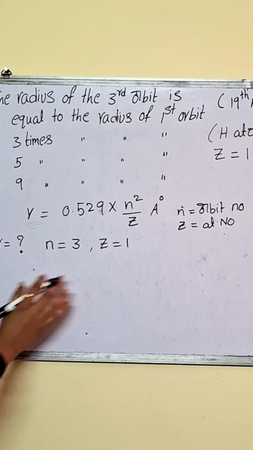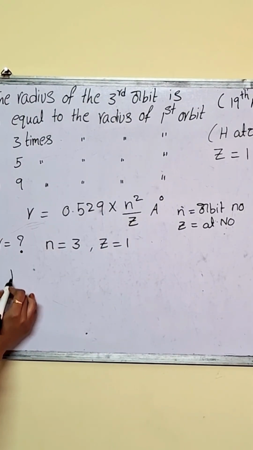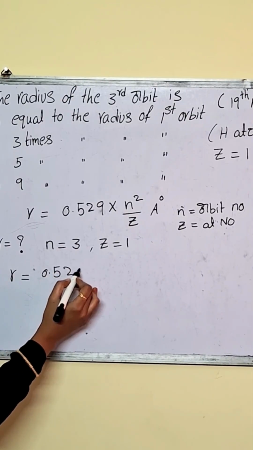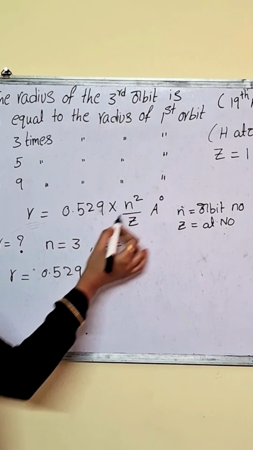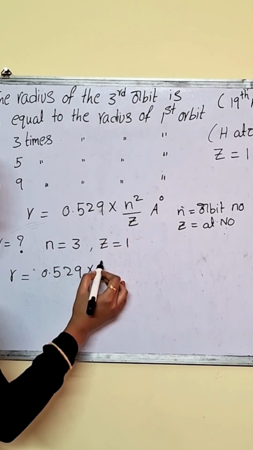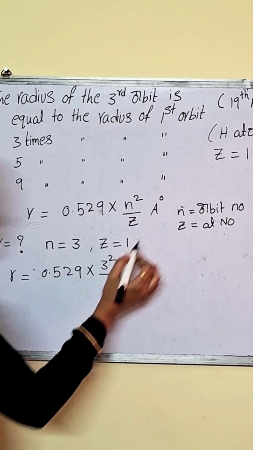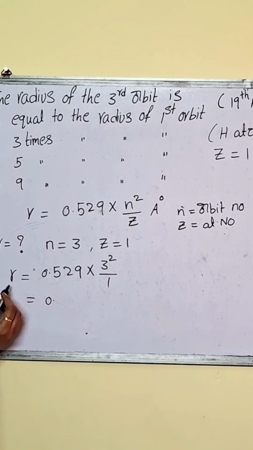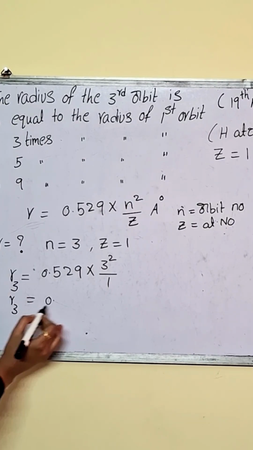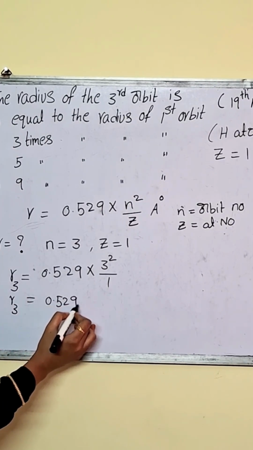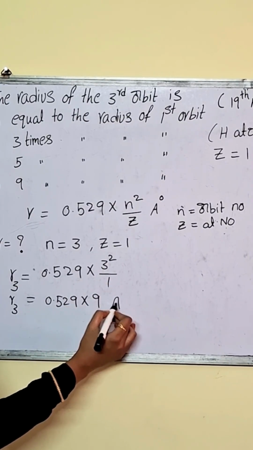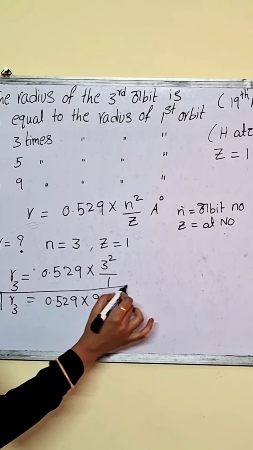Now substitute: r equal to 0.529 into n square, that is 3 square, by z, the atomic number of hydrogen, which is 1. This is the radius of the third orbit, so r3 equal to 0.529 into 9, since 3 square means 9, angstroms.